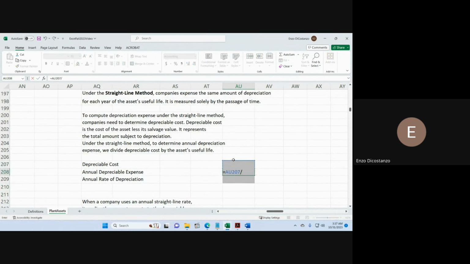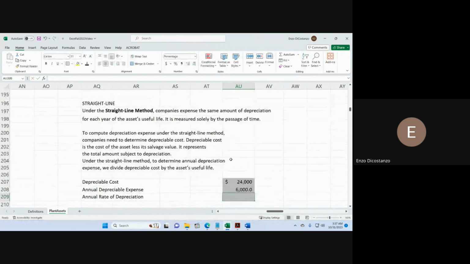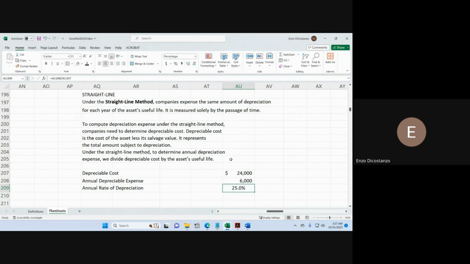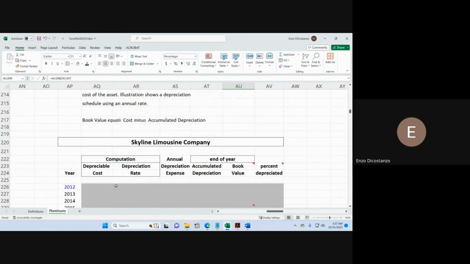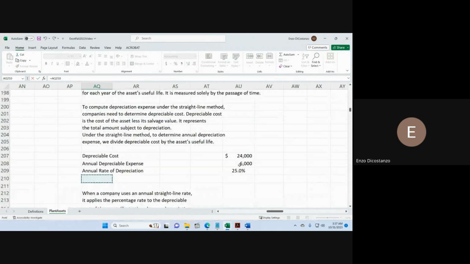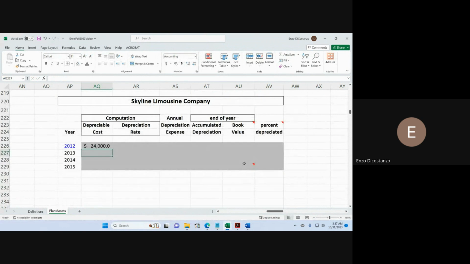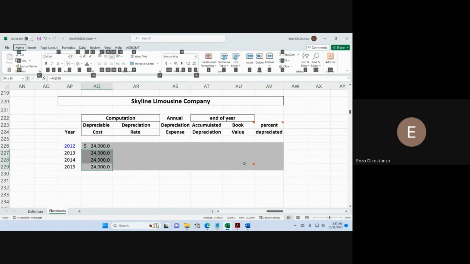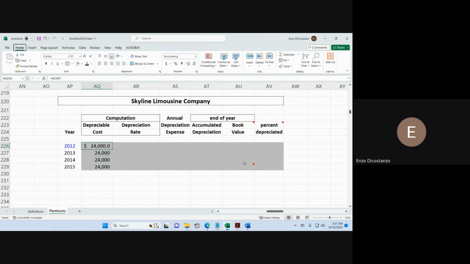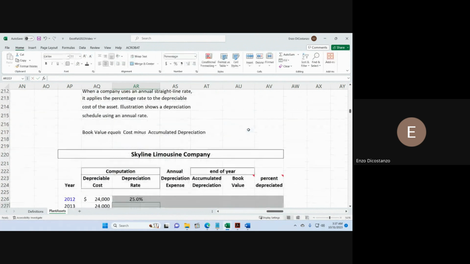The annual expense is this. And the rate is 6,000 divided by the 24,000. Okay. So depreciable cost is this 24,000. The rate is 25%.